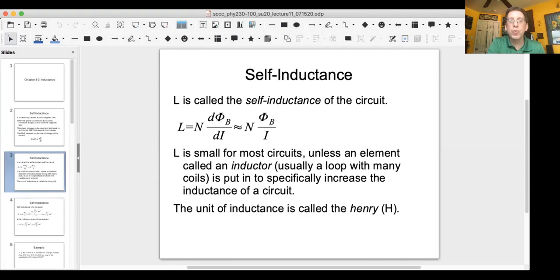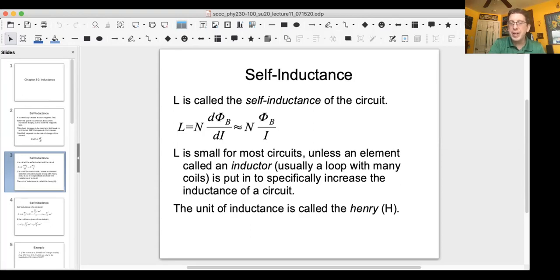And so you can write that relationship as L equal to capital N times the magnetic flux divided by I. So if the magnetic flux varies linearly with I, the I terms will ultimately cancel out, and the inductance will only depend on the geometry of the coil, the dimensions of the coil, and the total number of turns in the coil.